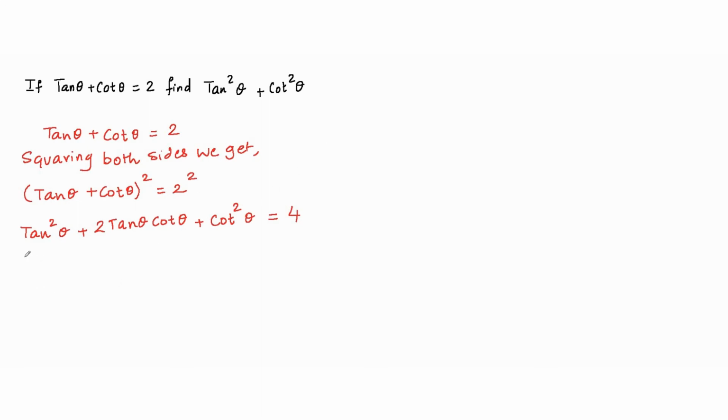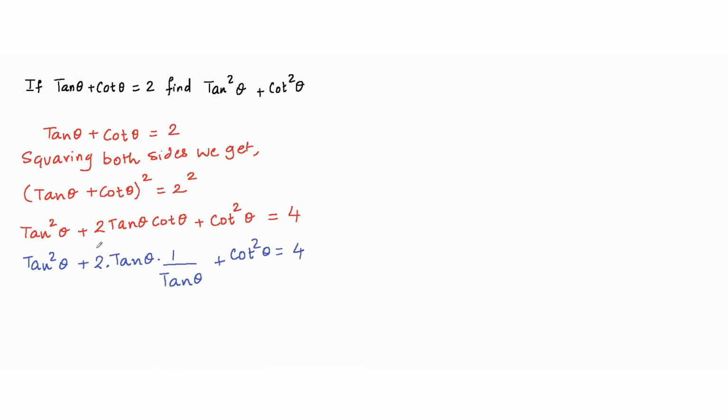And now we know that this is tan square theta plus 2 times tan theta, and cot theta can be written as 1 upon tan theta, because cot theta is the reciprocal of tan, if you remember, plus cot square theta is equal to 4.